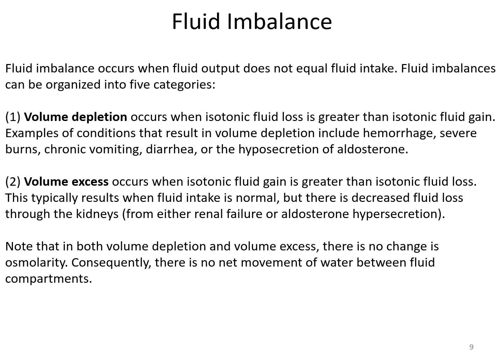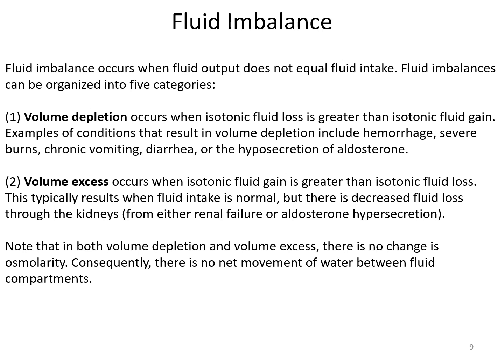It's just you're talking about the same osmolarity of the fluids, but you've got more going out than you have coming in. So you end up with a depletion. So examples of conditions that would cause volume depletion would be hemorrhaging, severe burns, chronic vomiting, diarrhea, or hyposecretion of aldosterone, if you're not making enough aldosterone.